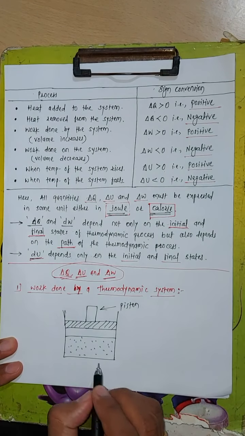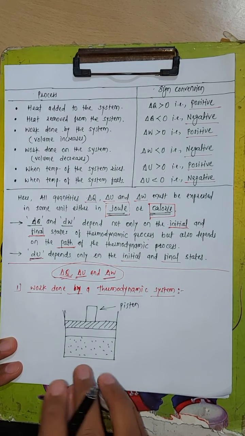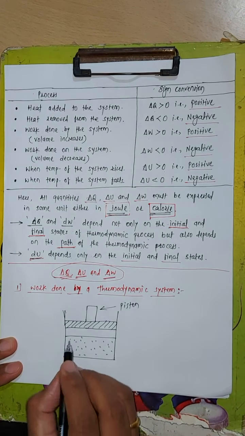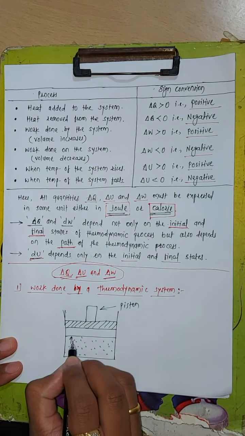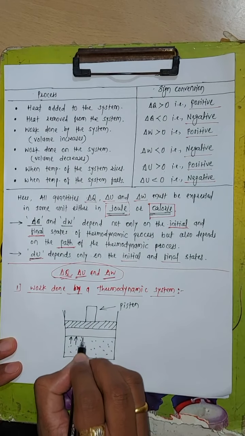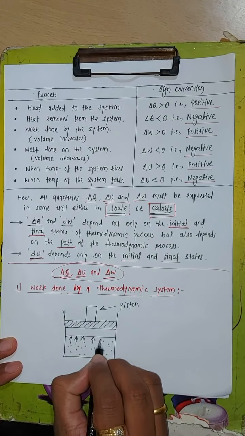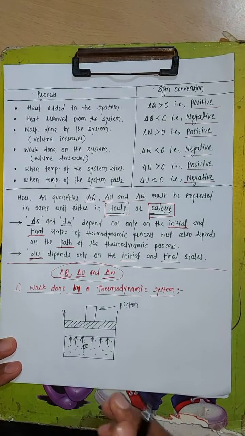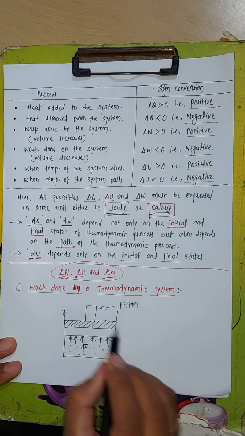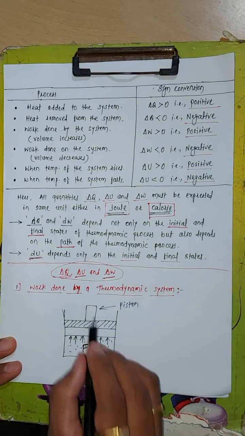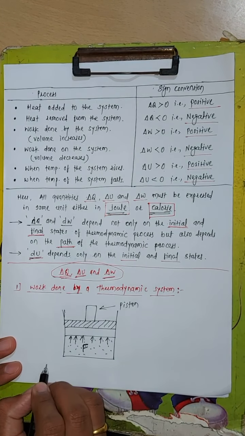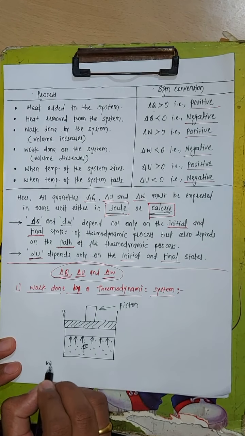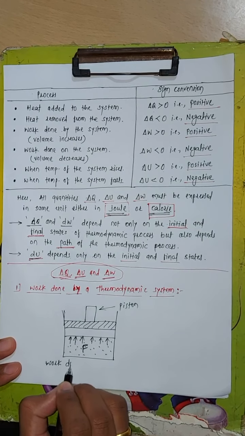Okay, so these particular molecules which are present here, that will be acting on this particular layer in the upward direction. So all that molecules exerting force on that particular area which will be exerting on that piston.